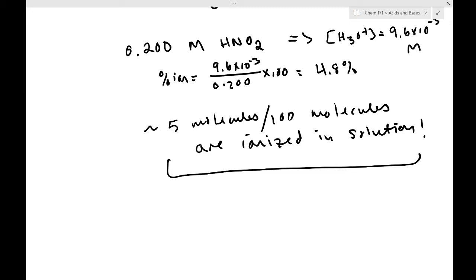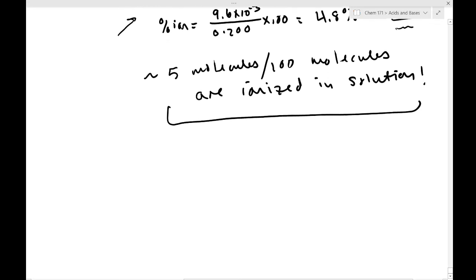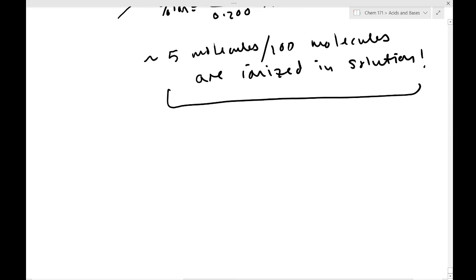Now, 5 out of 100 molecules is a really small amount, and the concentration is quite small too, if you look at the initial concentration. These numbers are hard to make sense of. You can talk about 9.6 times 10 to the minus 3 molar, but once you put it in terms of percent molecules ionized, it starts to make a little bit more sense, a more objective sense.